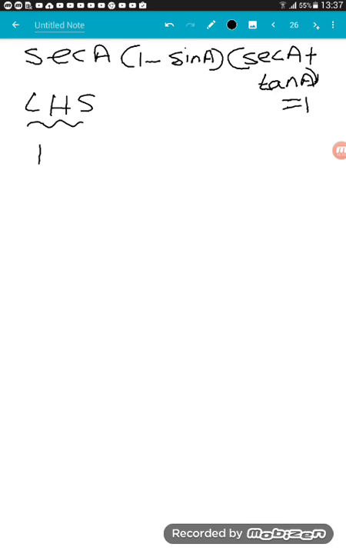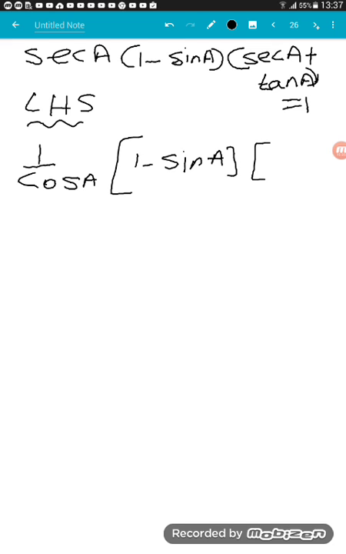Sec a we can write as 1 by cos a. As I said, we have to change into sin a and cos a, and 1 minus sin a, let it be there, and sec a plus tan a we can change into 1 by cos a plus tan a, as I said, sin a by cos a.